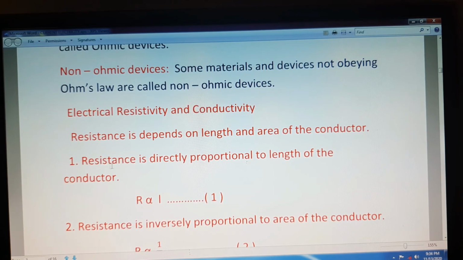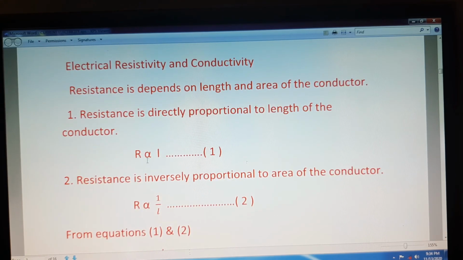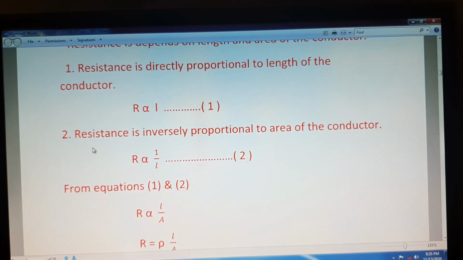Resistance is directly proportional to the length of the conductor, meaning R proportional to L. This is equation number 1. In the same manner, resistance also depends on area. We can write resistance is inversely proportional to the area of the conductor. Sorry, that was a mistake.